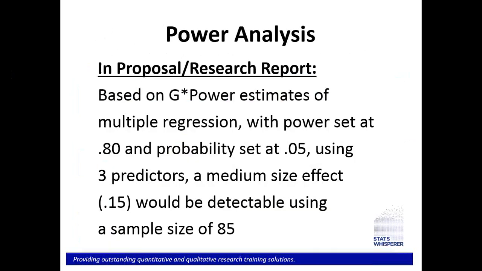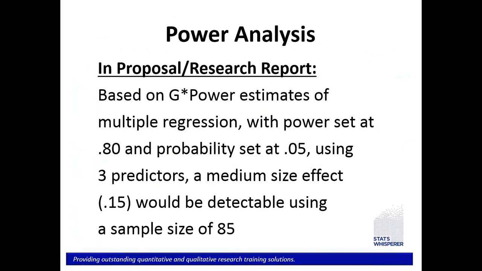Now this can be stated in, say, the research report or published paper as such: Based on the G-Power estimates of multiple regression, with power set at 0.80 and probability at 0.05, using 3 predictors, a medium size effect, 0.15, would be detectable using a sample size of 85.